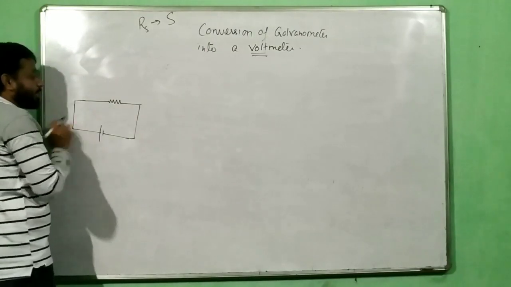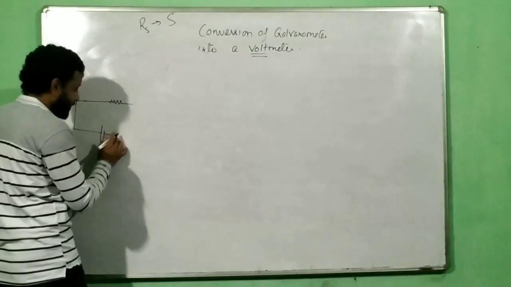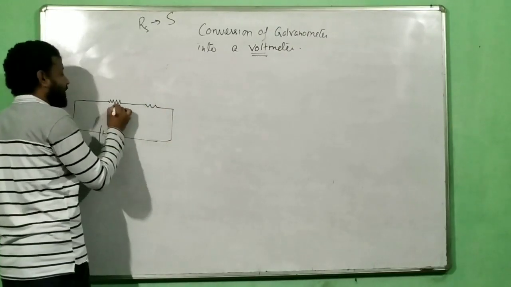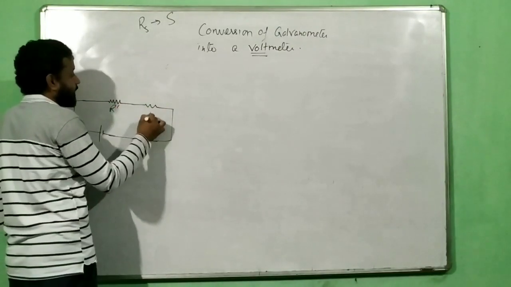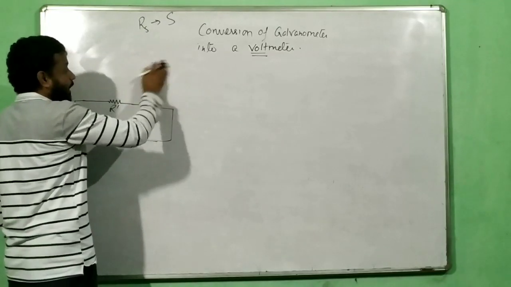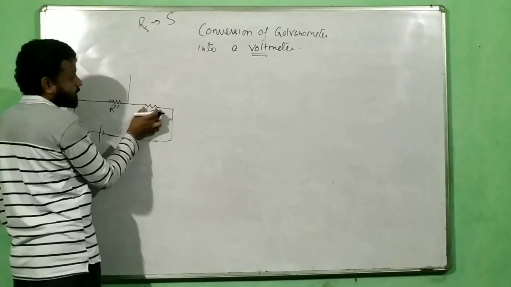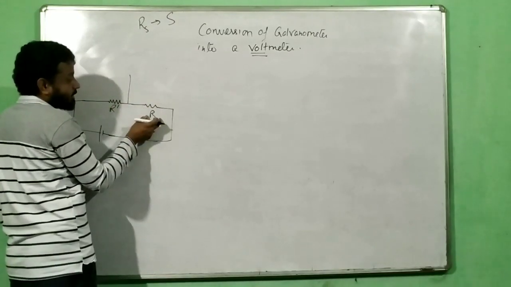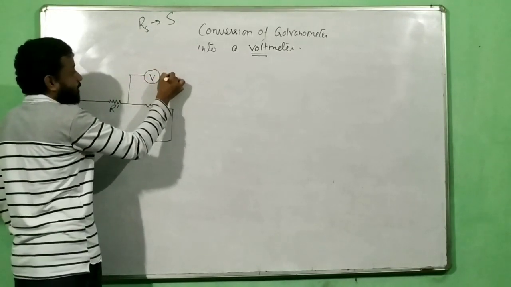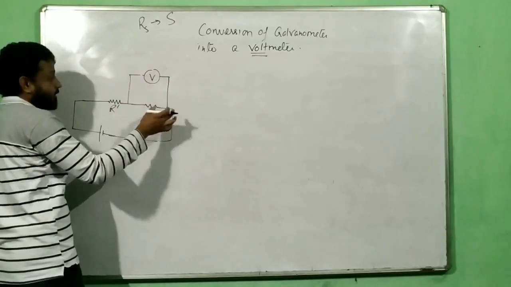Suppose this is a circuit, and this circuit contains two resistances R dash and R. I want to connect a voltmeter over here so that I can measure the potential across R. So if I have to measure the potential across R, I have to connect a voltmeter across R, because voltage in parallel remains same. So the voltmeter reading and this reading will be same.